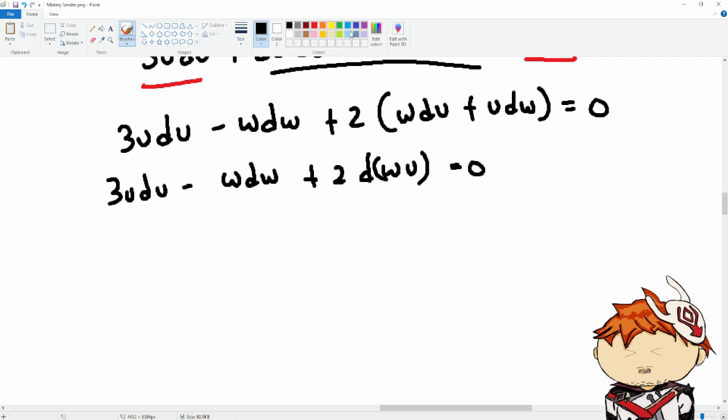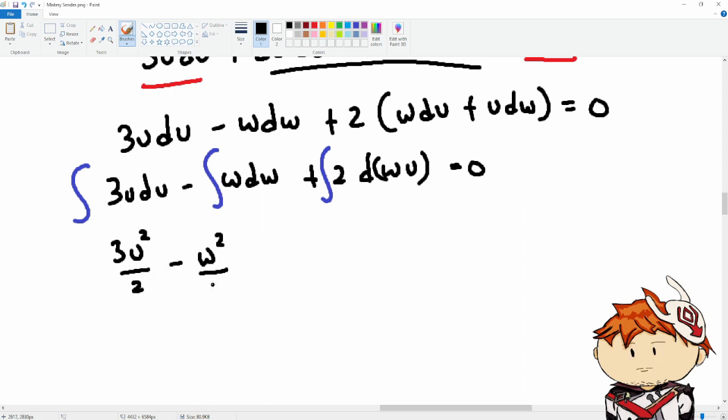Okay, we integrate all terms. So this will become 3u squared over 2 minus w squared over 2 plus 2wu is equal to, not 0, but equal to c, because we already integrated. Never forget c, right?